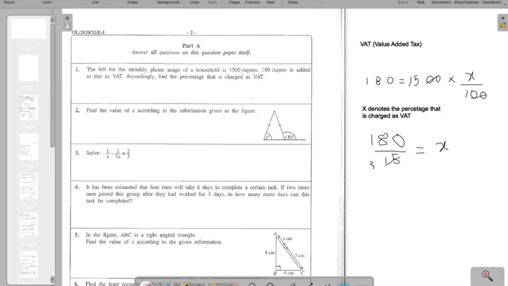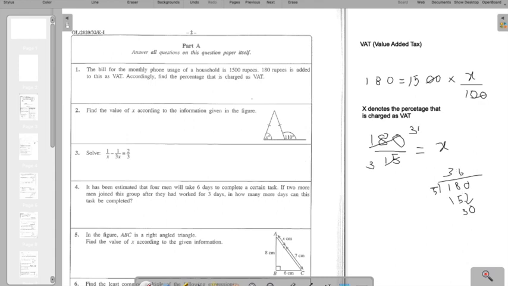So let's divide this by 5. 180 divided by 5, you will be able to obtain 36. So you have to divide 180 by 5. 5 times 3 is 15, then 0, 3, 6.